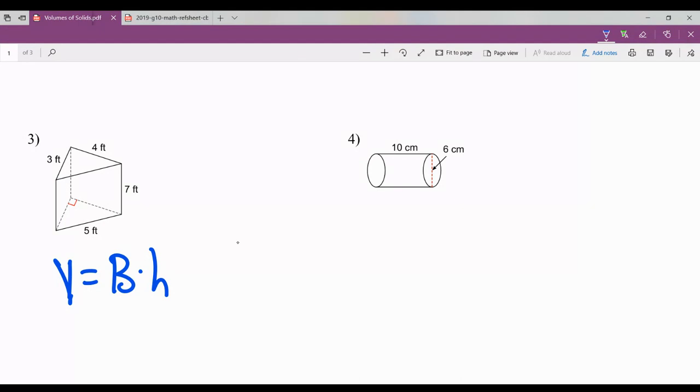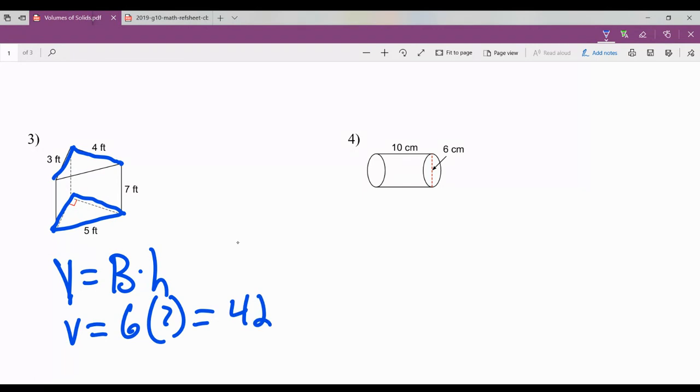And because there's a right angle there, the area of the triangle would be 3 times 4 divided by 2. So volume here is 3 times 4 is 12, divided by 2 is 6, times the height is 7, volume is 42.